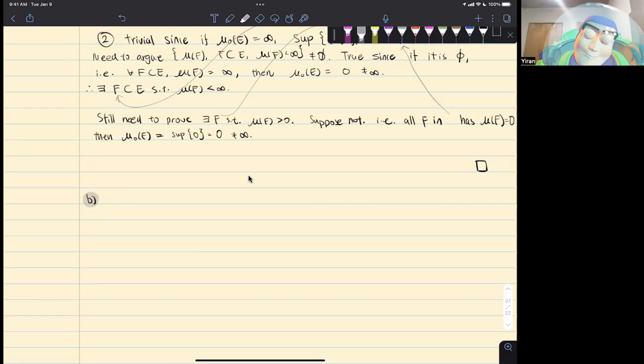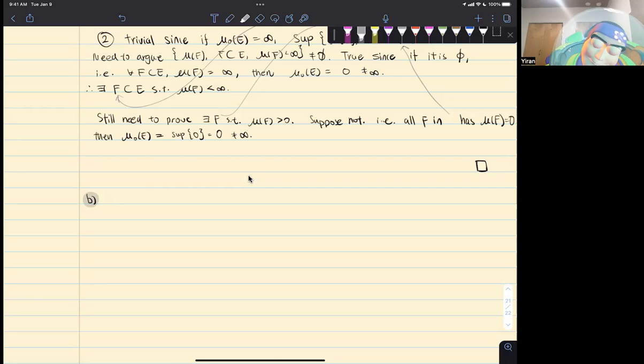So what's my point? My point is that mu naught of E is equal to mu of E. Sorry, I got it backwards. So it should be mu of E equals mu naught plus 0, and then the equality holds, right?